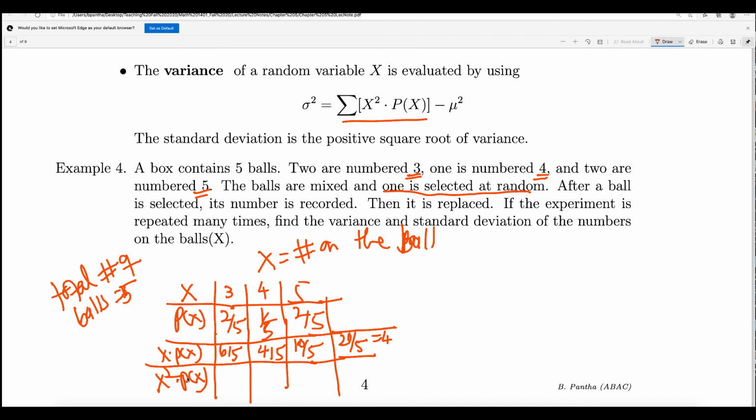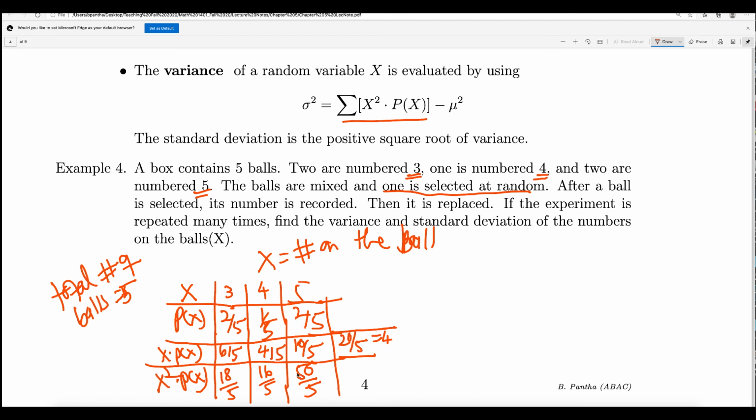Now do x squared times px. How do you do that? X squared is 3 squared times px, which is 9 times 2 is 18 over 5, right? 4 squared times 1 over 5 will be 16 over 5, and 5 squared times 2 over 5 will be 25 times 2 is 50 over 5. So what is the sum of these?